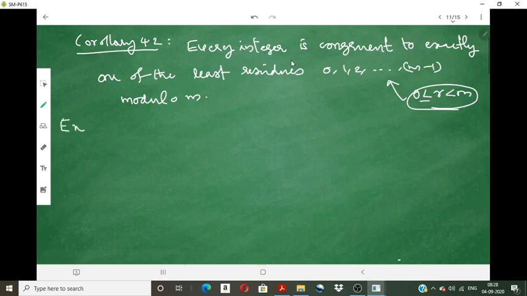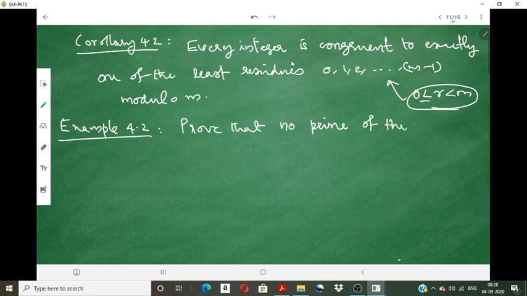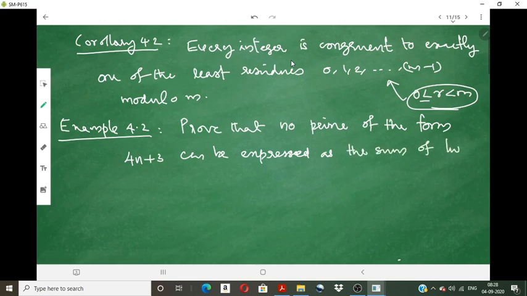Example 4.2: prove that no prime of the form 4n plus 3 can be expressed as the sum of two squares.